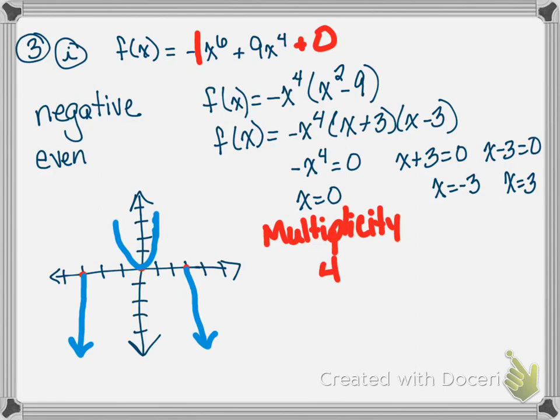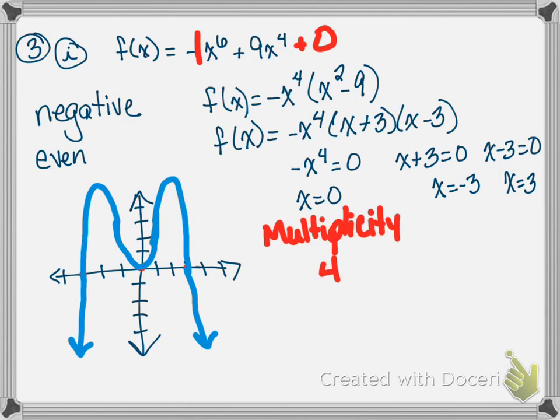It may do another little behavior there because it's got a multiplicity of 4, but the thing that you really have to acknowledge is because of the even multiplicity, it hits it and it changes direction. So then from that, we can draw the rest of our graph, and it looks like that. So that is our graph of -x to the 6th plus 9x to the 4th plus 0.